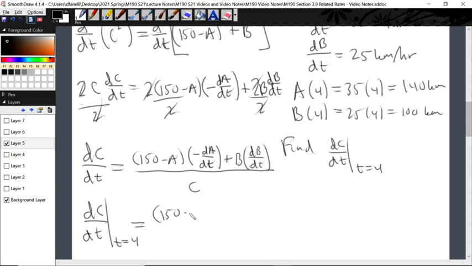So that's 150 minus 140, because A of 4 is 140. And then we have negative dA/dt, that gives us a negative 35, and that negative is important here.